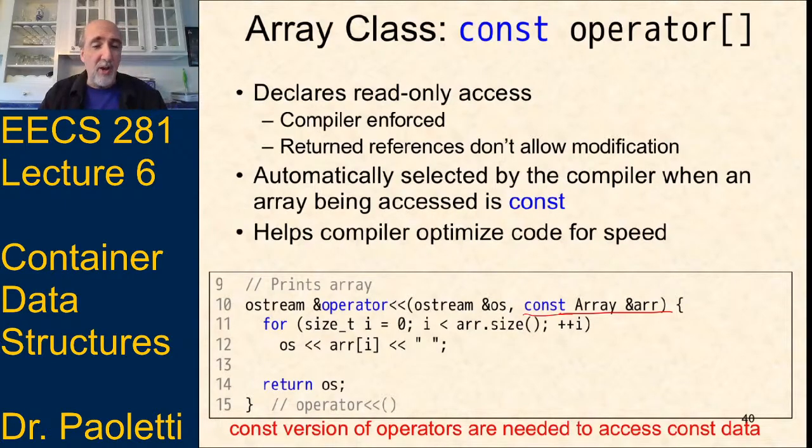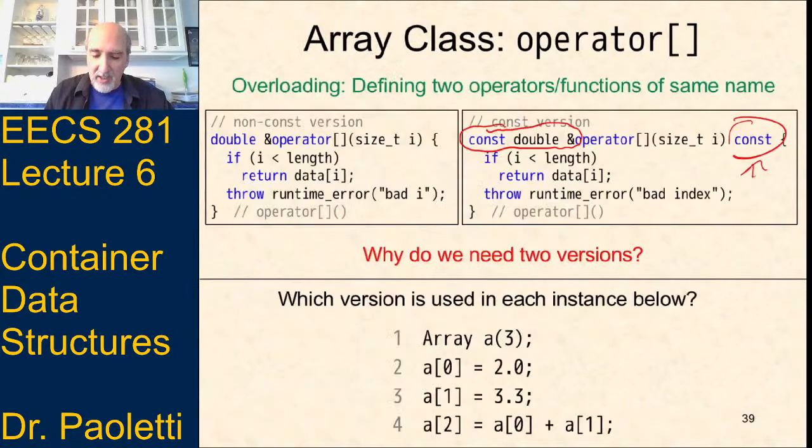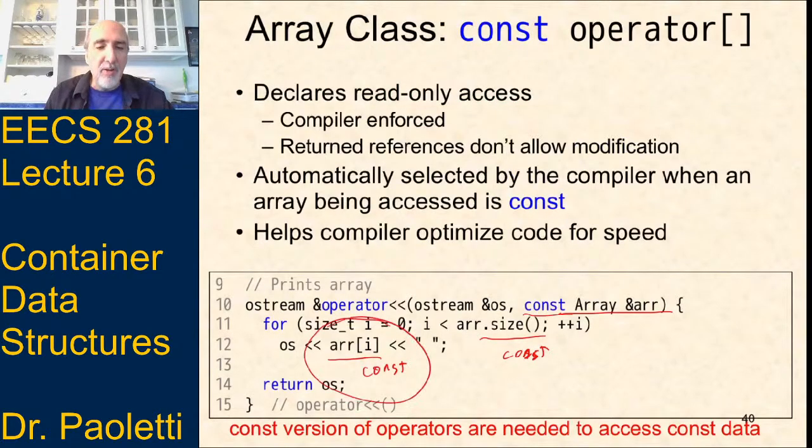Oh, hey, cool. With my own array class, I can do this. Inside of it, I want to call array.size. I can only call .size if it's a const member function. And I can only call the overloaded operator square brackets if it's a const member function. So I need the non-const version to be able to do this. I need the const version to be able to do that.